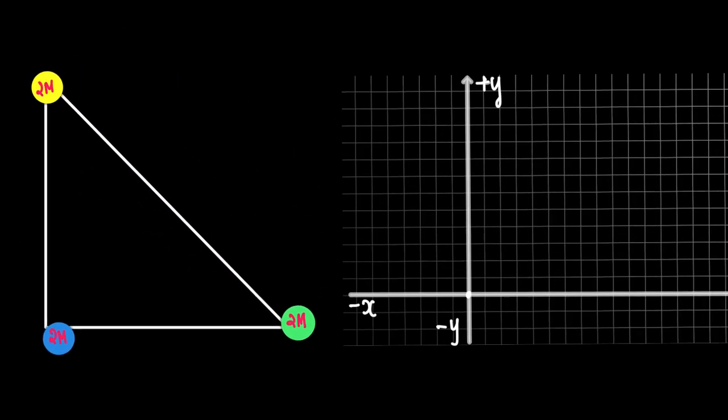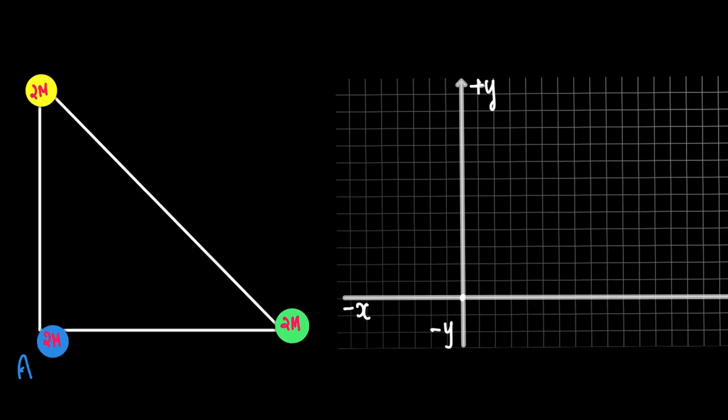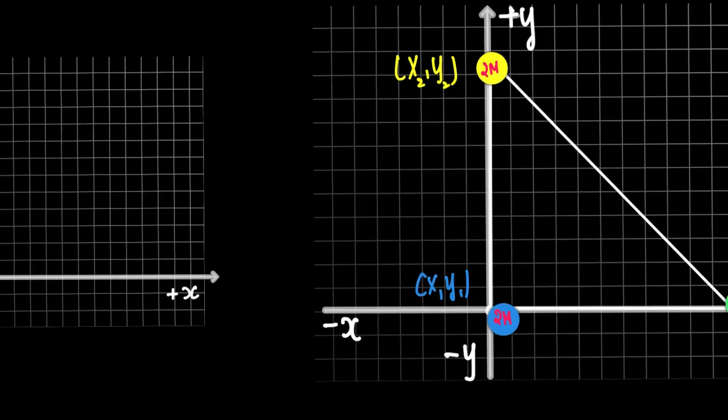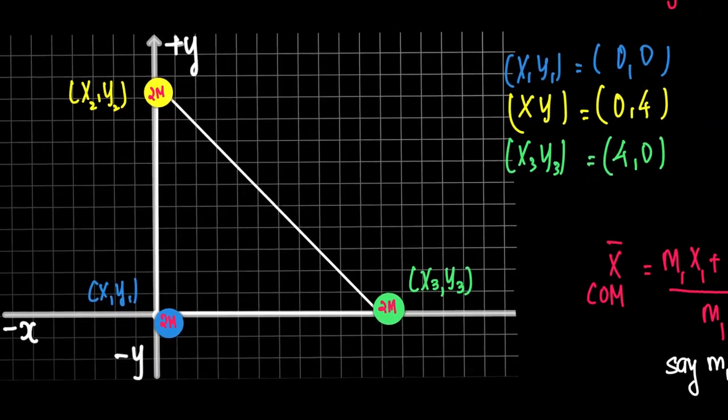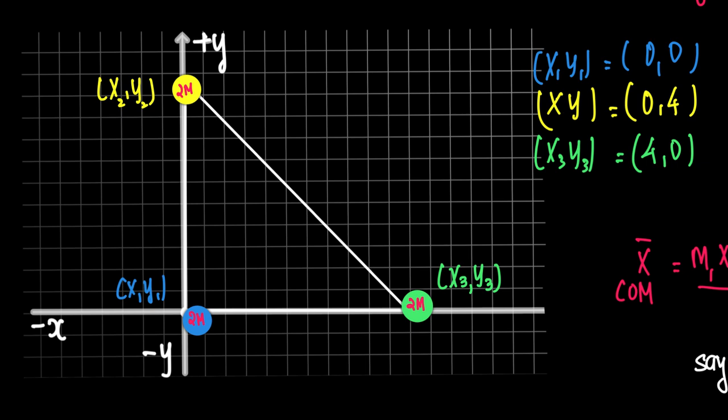So we have triangle ABC, and we need to put A into this origin here. So if we place the given setup into this graph, this is what we get. Now that we have the setup, what can we do?